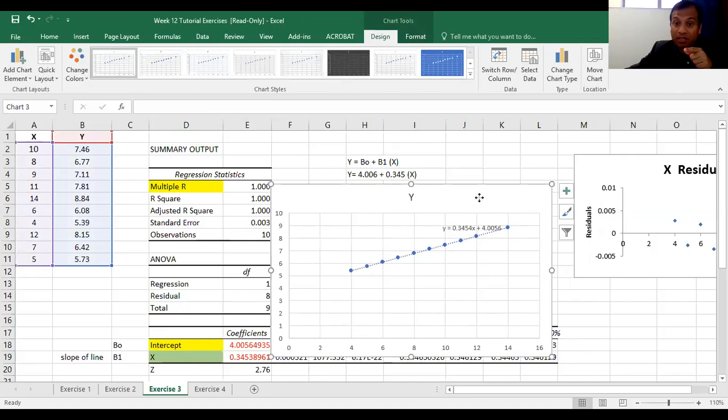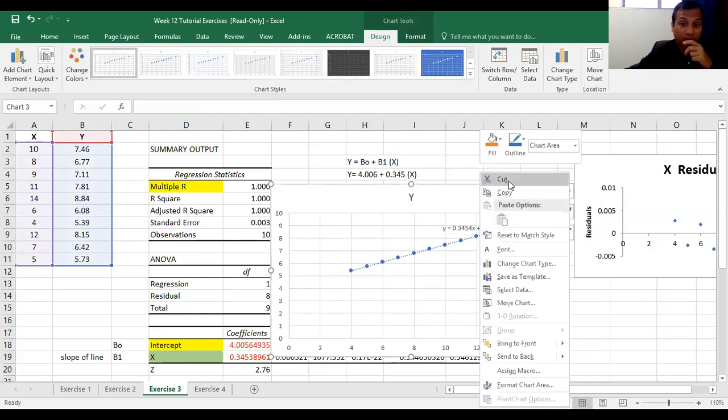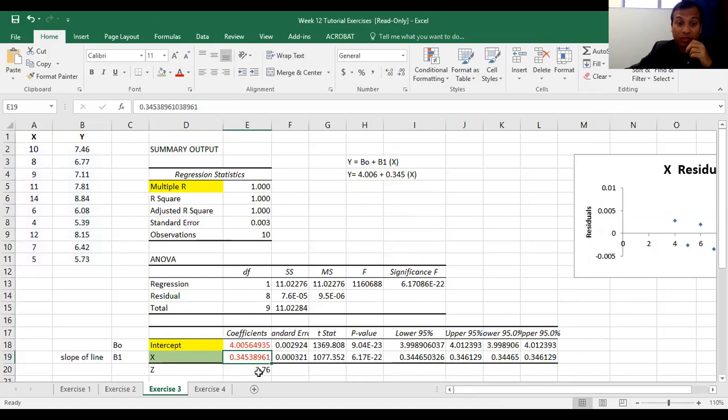So the question is, how could you interpret this one? I'm removing this one. We wanted an interpretation of the slope. So you need to provide the interpretation for B1. How will you write the interpretation for B1?